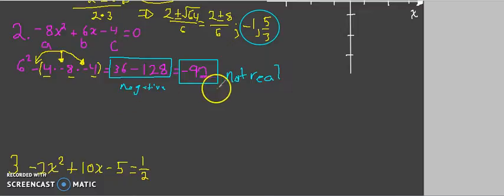So if that's what the question's asking for, that's all you have to do. Of course, you can go on and figure out what the solutions are going to be, but they're going to be imaginary solutions, so not terribly relevant. So for this question, we can just stop right there.